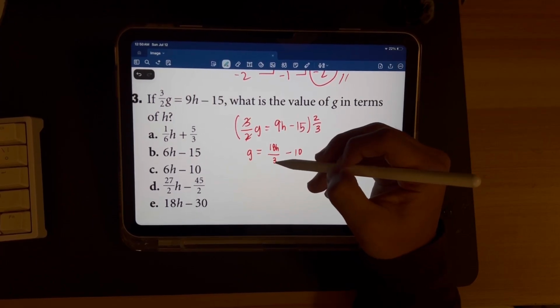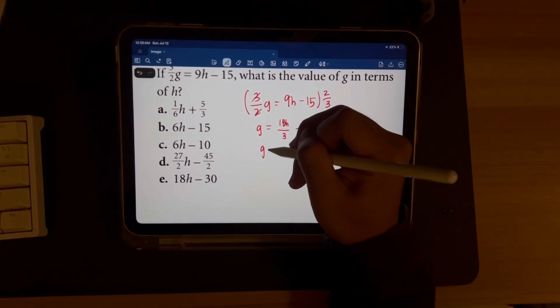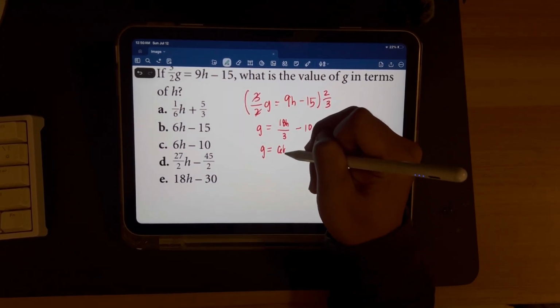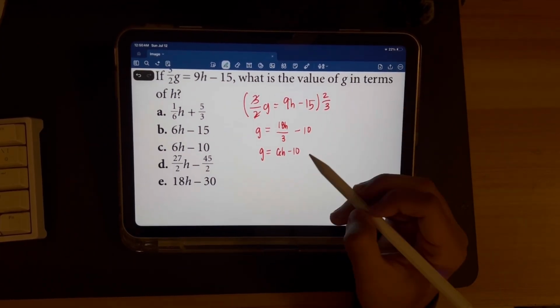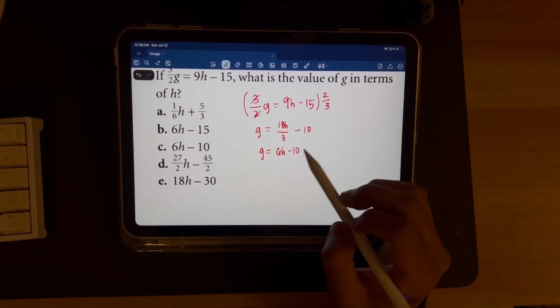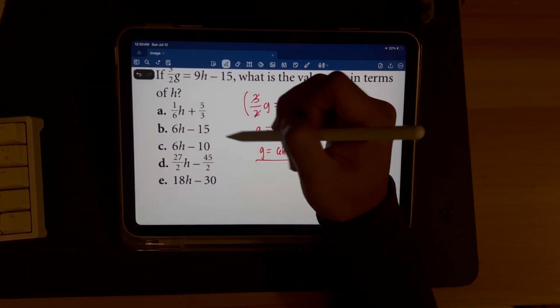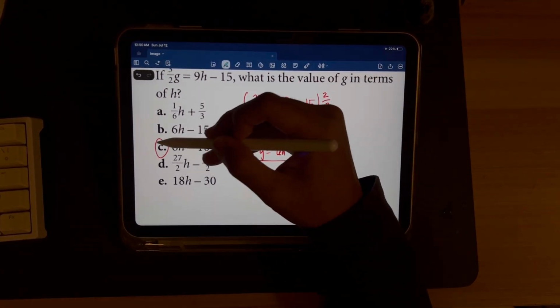So 18 divided by 3, that will become 6. So we are left with g is equal to 6h minus 10. Now since we can no longer simplify the values, this will become our final answer. And among the choices, g is equal to 6h minus 10 is letter C.